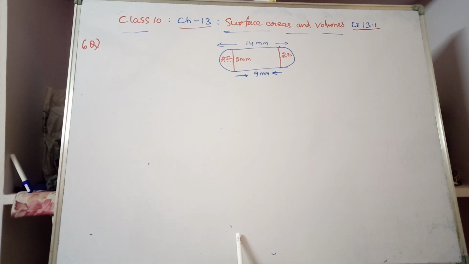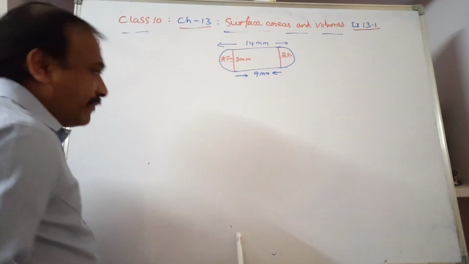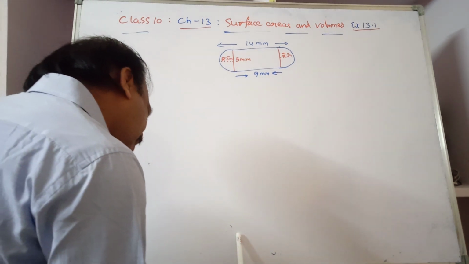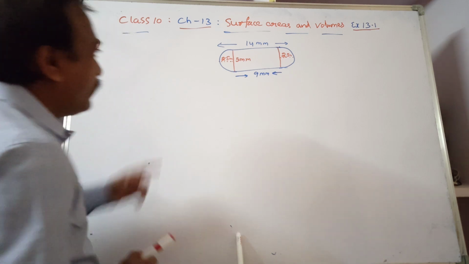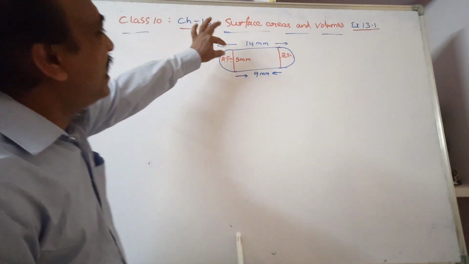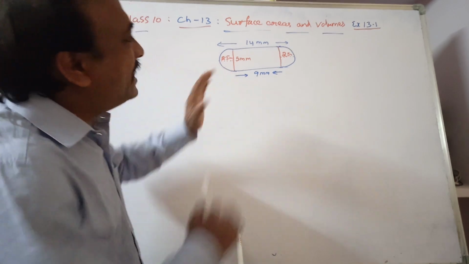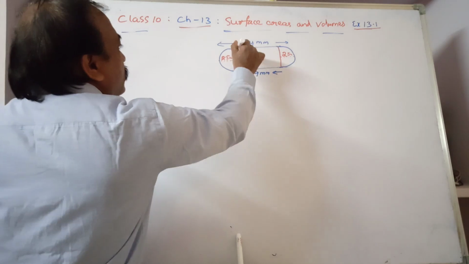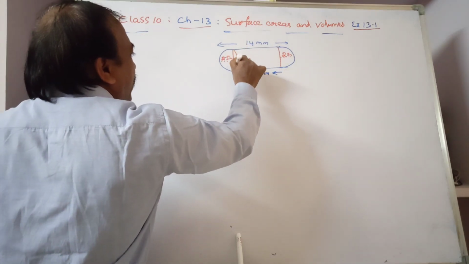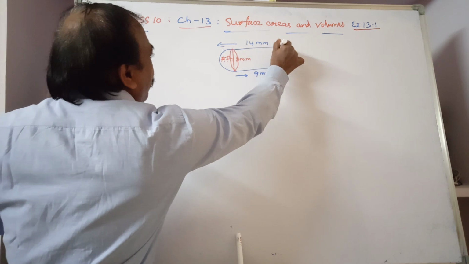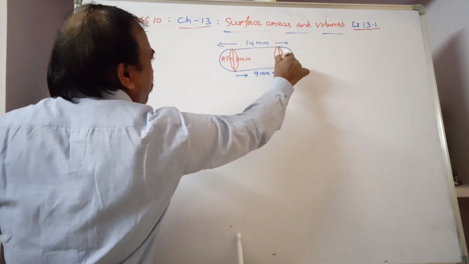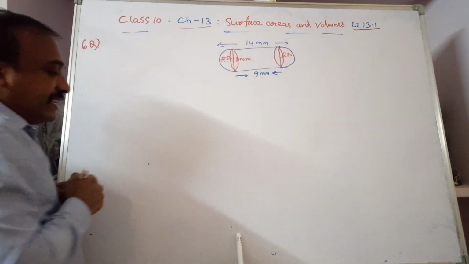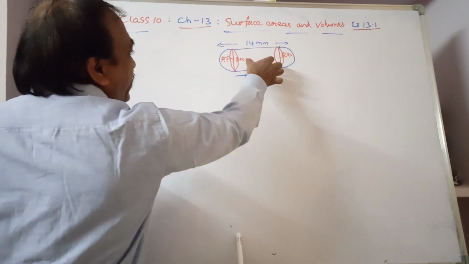The diameter of the capsule is this, and the two ends are stuck with hemispherical shapes. Now hemisphere and hemisphere, with the cylinder in between.